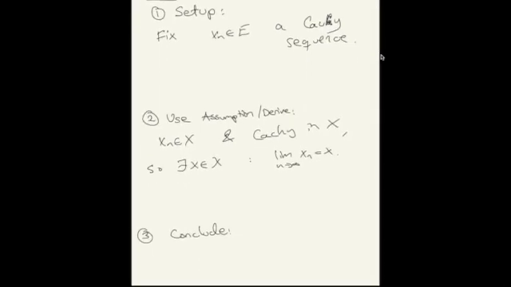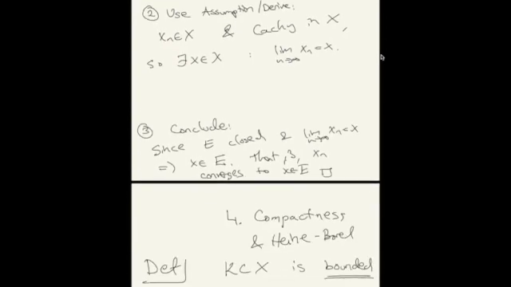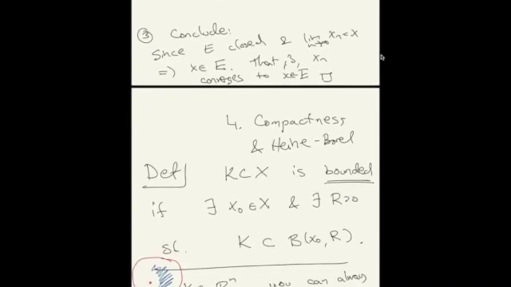Now the conclusion is that since E is closed and the limit as n goes to infinity of x_n equals x, then x is actually also an element of E. That is, x_n converges to x in E. And this is the crucial thing for completeness, that we have a limit point in E. And you saw this in some of the examples in the introductory part where convergence of a Cauchy sequence fails, mostly for the reason that the limit fails to be inside the set E.